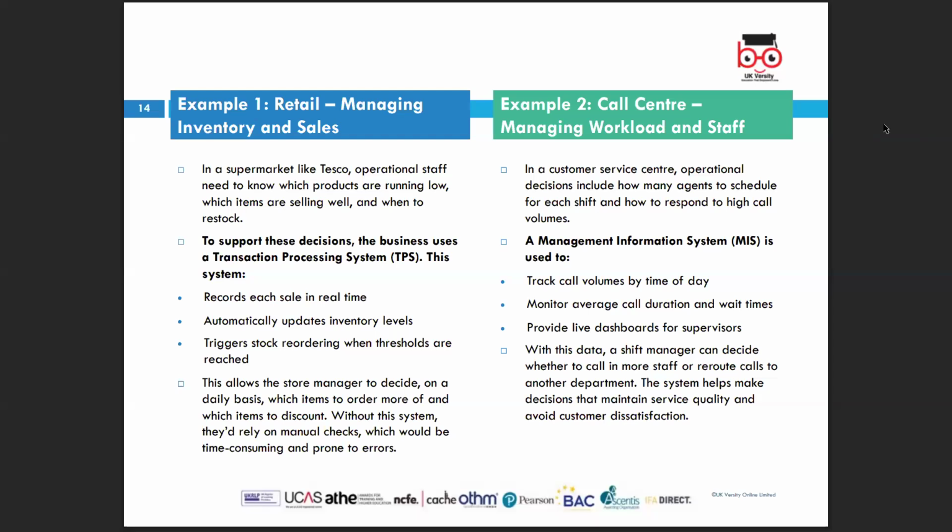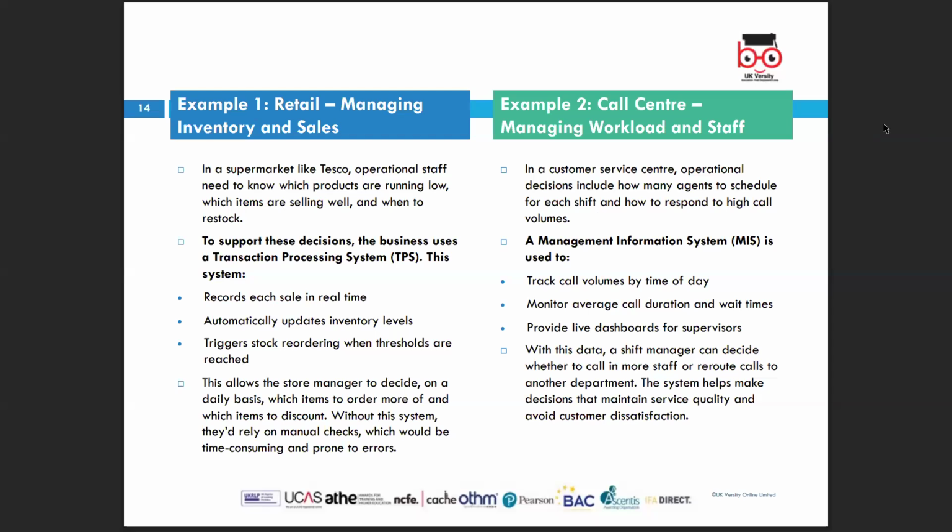So in retail, we're now looking at managing inventory and sales. So for example, a supermarket like Tesco certainly has operational staff who need to know which products are running low, and this allows them to update the inventory.